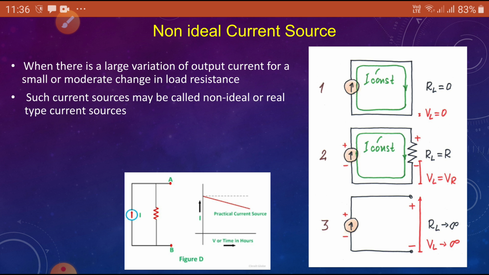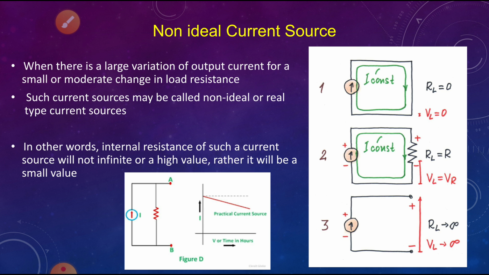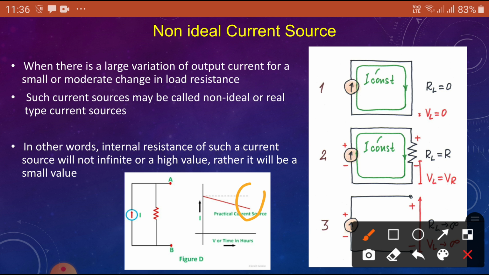That means this current source may be called a non-ideal source. In other words, the internal resistance of such a current source is not infinite or a high value, rather it is a small value. That's why we get a small drop here. This is a practical current source.